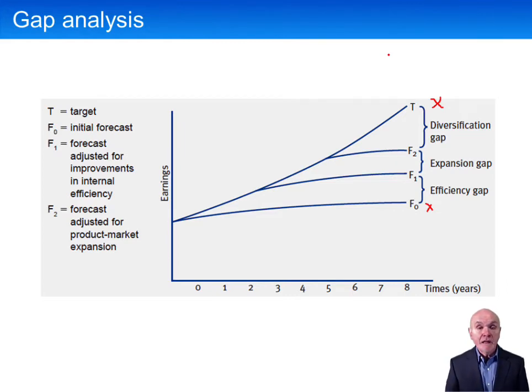The first one we've got here is efficiency gains. Cost cutting will help you improve your profits. And then what you have is an expansion gap. You could try to go from 19% of your market to 22% of your market. That's expansion. You could try expanding abroad. You could try expanding your product line. All of these are potential ways, not guaranteed, but potential ways of improving your profit performance.